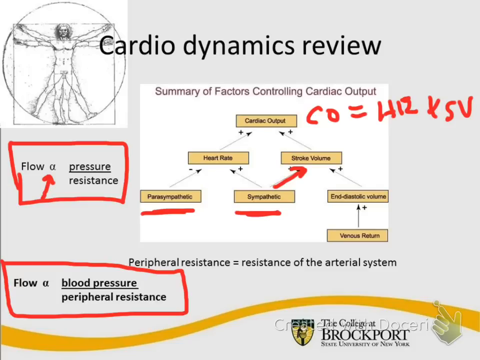It's also going to increase preload, and we'll talk about that in just a minute. Stroke volume is also influenced by end diastolic volume. That's the maximum volume of the heart, and that's influenced by venous return. We increase venous return, we increase EDV, and we increase stroke volume. All of these will enhance cardiac output.